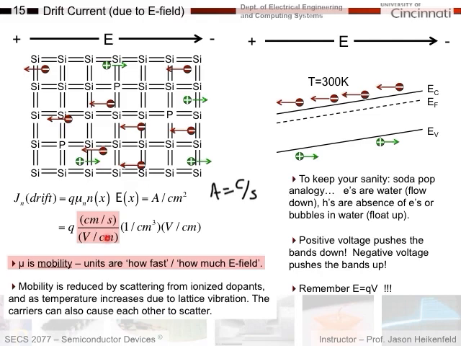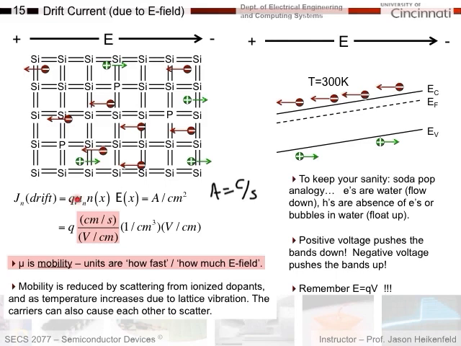If you look at mobility, it basically says how fast can you move, velocity in centimeters per second, divided by how much force or E field did you need to apply to move it. How fast divided by how much E field. If you can move really fast with just a little bit of E field, that would be a large number over a small number, which gives me a large number here, which gives me a high mobility. So that should make complete sense to you. If not, please go through it again.